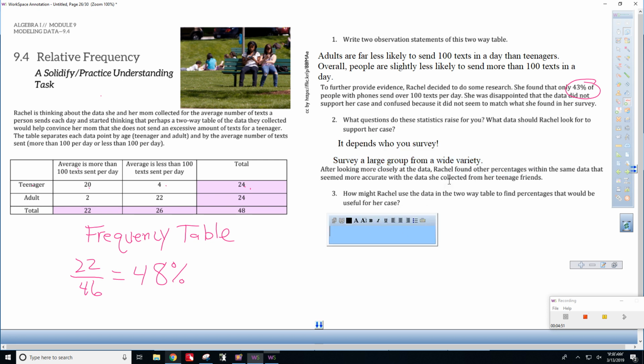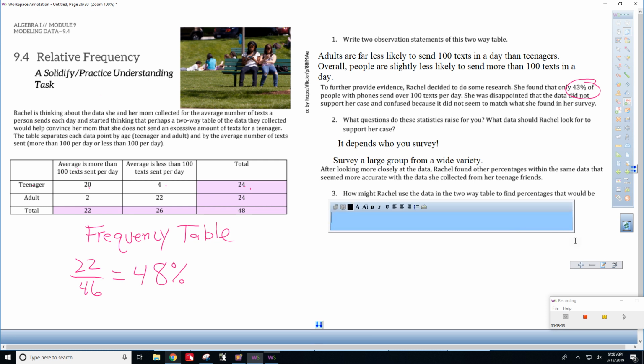After looking more closely at the data, Rachel found other percentages within the same data that seemed more accurate with the data she collected from her friends. How might Rachel use the data in the two-way table to find the percentages that would be useful for her case? I'll answer this just for percentages.